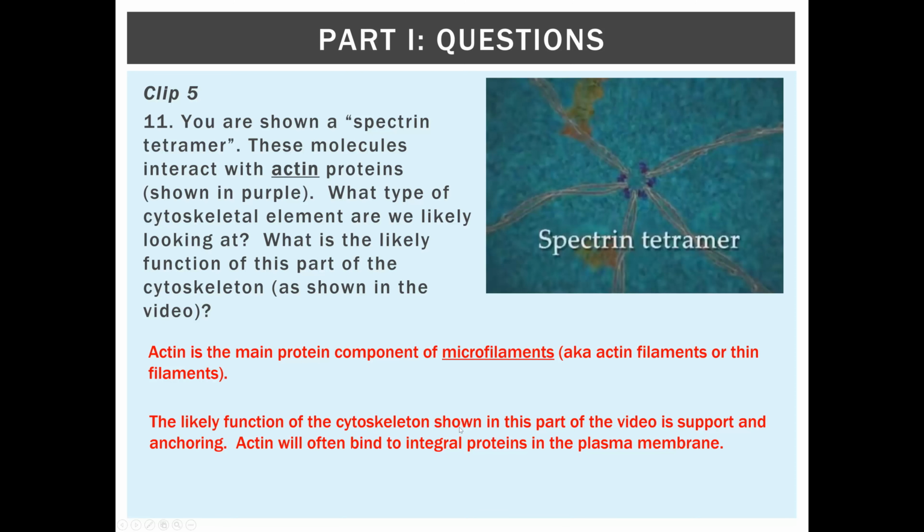So the likely function of the cytoskeleton shown in this part of the video is support and anchoring. In fact, actin will often bind to integral proteins in the plasma membrane. So the actin up here, the little purple pieces, can actually bind to some of the membrane proteins in the plasma membrane, and that can help anchor the cytoskeleton to the surface of the cell.